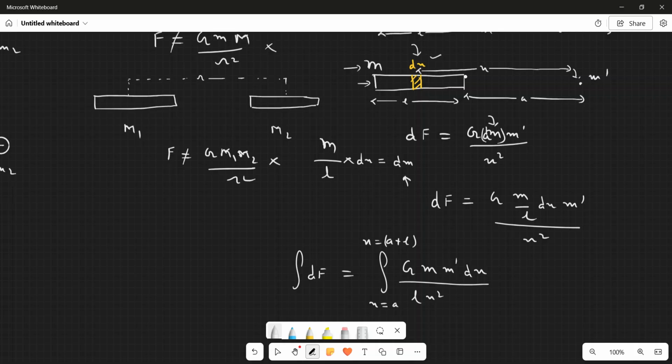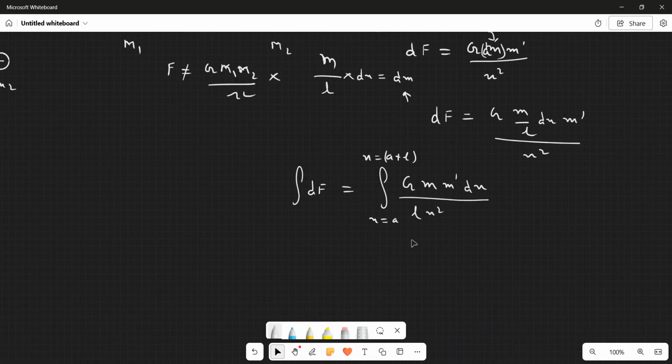Because the starting point of this rod is at a distance a, and the end point of this rod is at a distance a plus L. If we find the gravitational force at this end and at this end, we will definitely cover the entire rod, and that is why I took the limits x equal to a to x equal to a plus L.